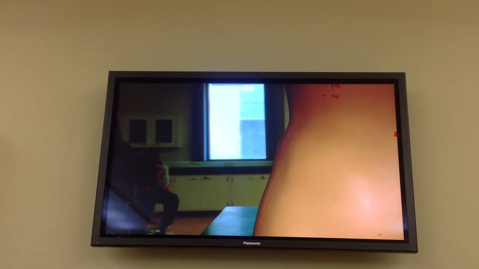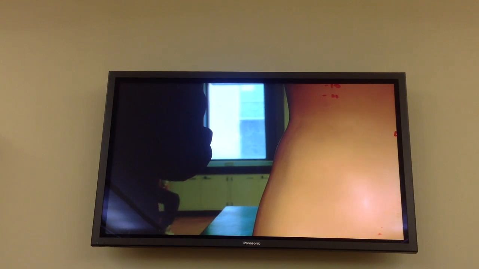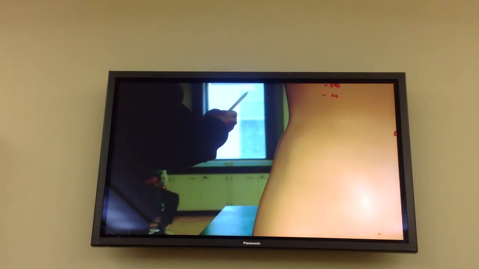To remember, left common carotid is this one, and left subclavian here. From the aorta on the right side, one big vessel arises, called the brachiocephalic trunk, which soon divides into two. One is going to the neck, brain and head, which is called common carotid, and one is going to the upper limb, which is subclavian.